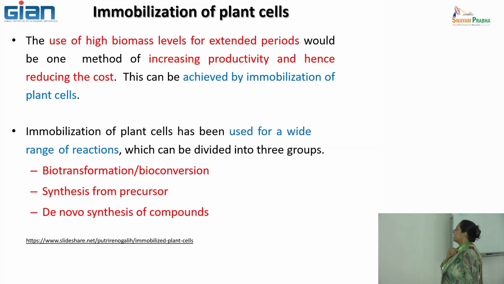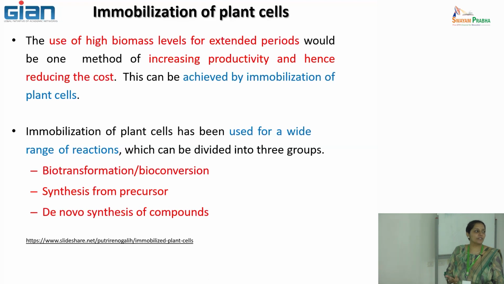So plant cell immobilization is an opportunity where a large amount of active cells can be immobilized, giving you high cell densities for production to happen continuously, thereby increasing the productivity.